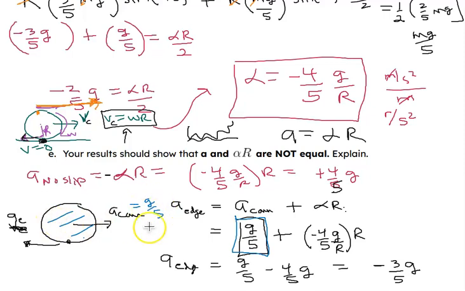It's on the cruise ship accelerating faster and faster at g over 5. But it is also rotating, and the rotational speed is speeding up at a rate of alpha. So this orange point right here is doing two things. It's being sped up to the right at a rate of g over 5, but sped up backwards at a rate of alpha r.